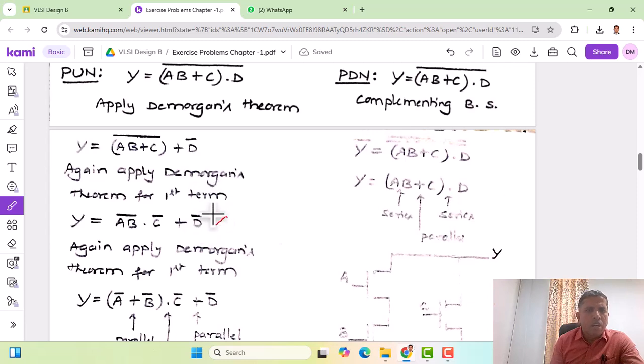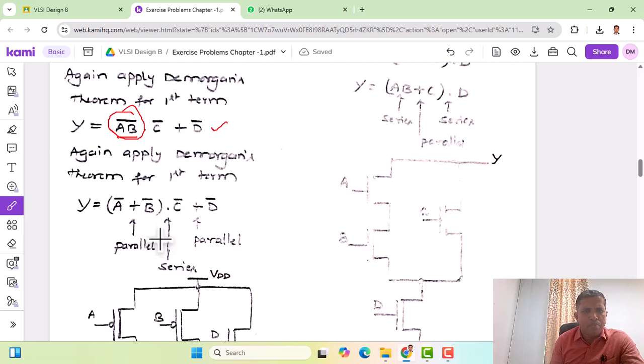And once again we can observe that the first term is not yet in the standard pull-up network form. We need to have individual variables in complement form, so we have to apply De Morgan theorem to the first term again, retaining the subsequent variables as they are. So AB whole bar is equal to A bar plus B bar, into C bar as it is, plus D bar.